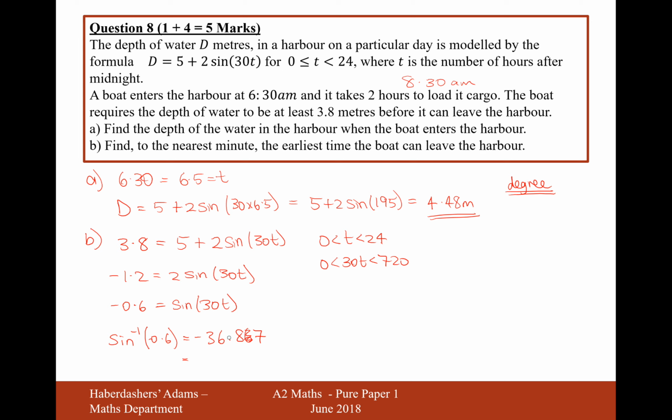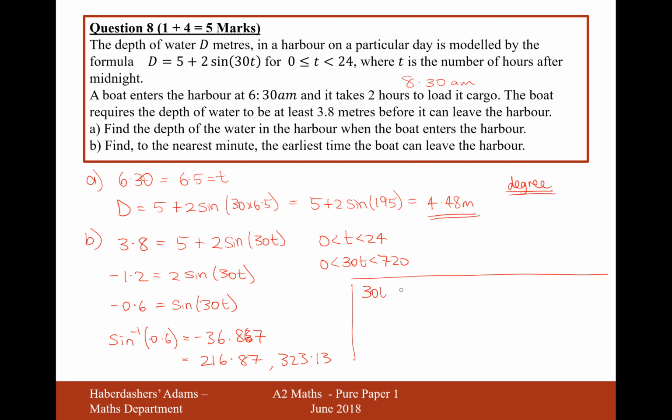So the next one potentially is 180 plus 36.87, which gives us 216.87. Or the next one on from there, 360 minus 36.87, which is 323.13. So these are our two solutions that we potentially need to work from.